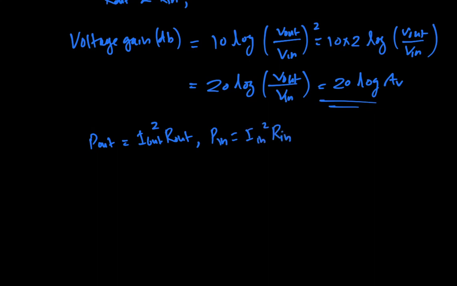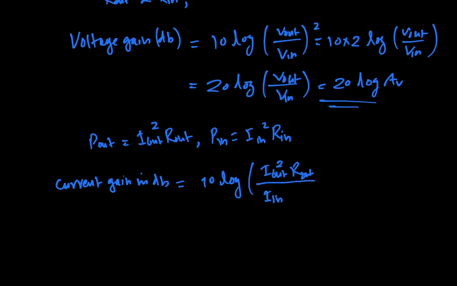So if we express the power gain in decibel in terms of the current, which we can call the current gain in decibel, it is given by 10 log I out square into R out divided by I in square into R in, which is equal to 10 log, if we assume R out and R in are almost the same or comparable, I out divided by I in all square.